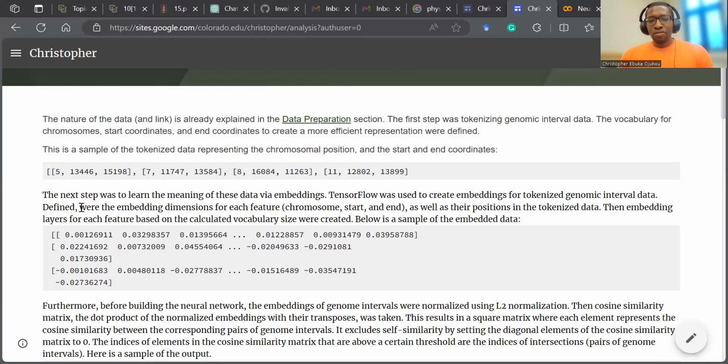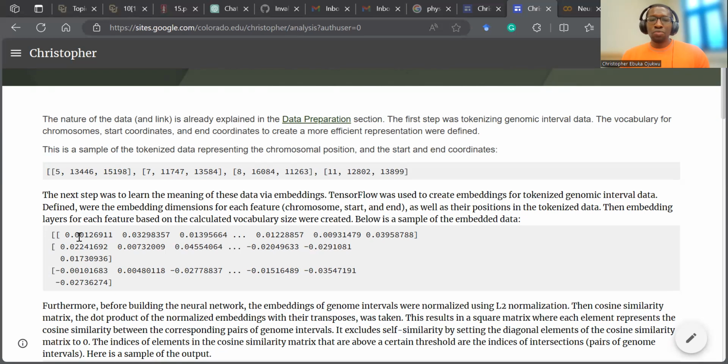The next step was I used this data to create embeddings. So we see for the chromosomal position, the start coordinate, and the end coordinate, its embedding here. What I try to achieve with this embedding is to learn to represent the tokenized data, and then represent how this tokenized data relates to other data.